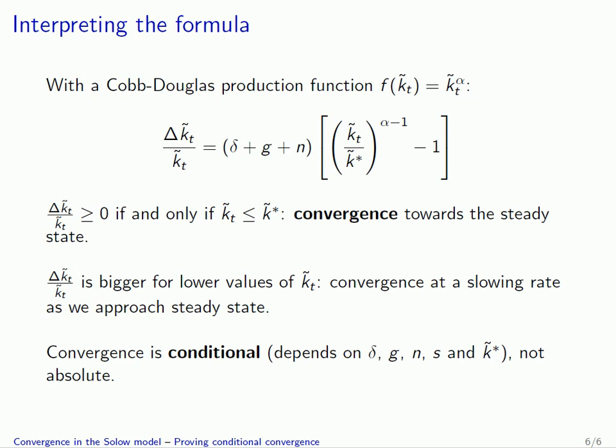So if you have two different countries with different values for these exogenous parameters, then these two countries won't converge at the same speed, they won't converge towards the same steady state, and so on and so forth. So convergence doesn't happen necessarily between two different countries towards the same steady state.